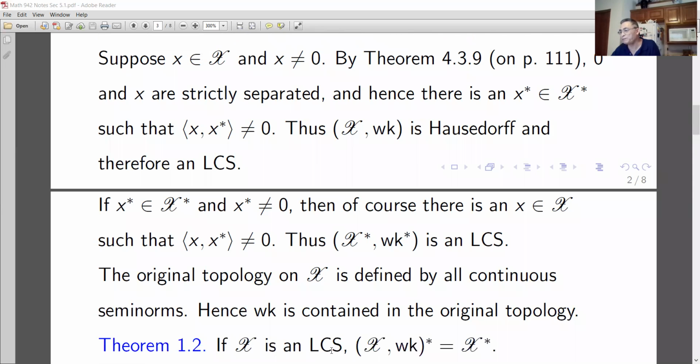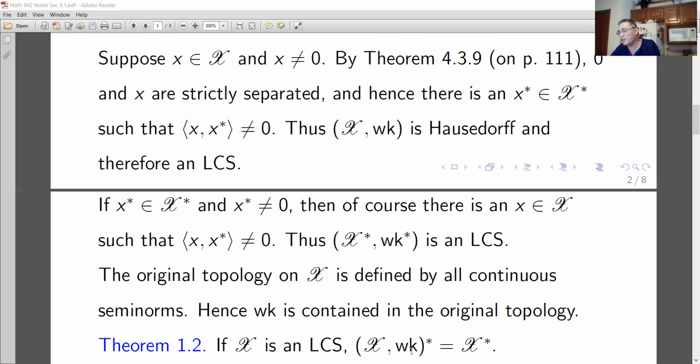Okay. Now we have Theorem 1.2. If X is a locally convex space, then X with the weak topology, as a point set, is just X but with another topology, the weak topology.